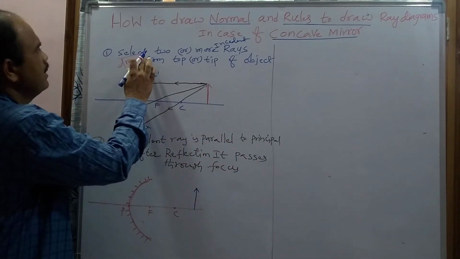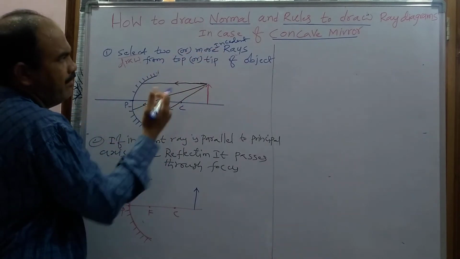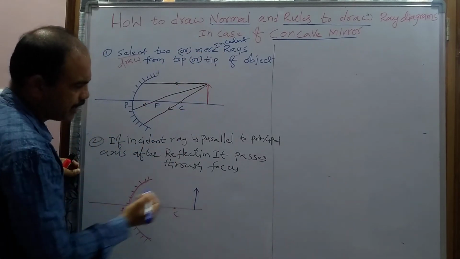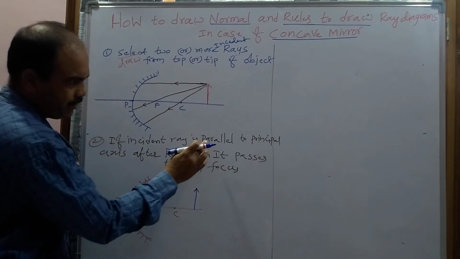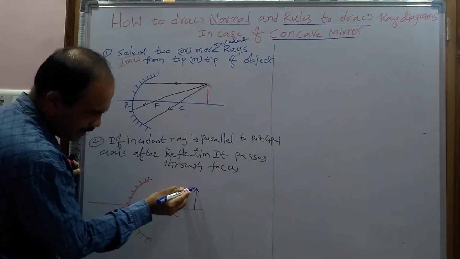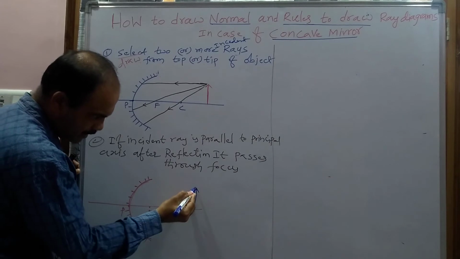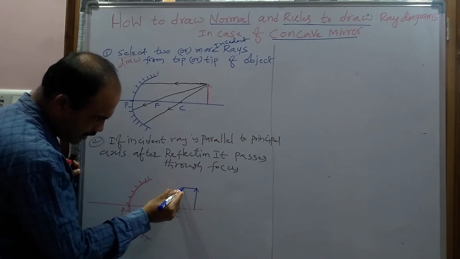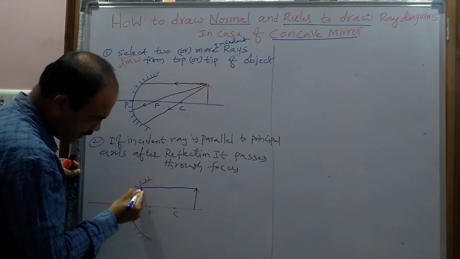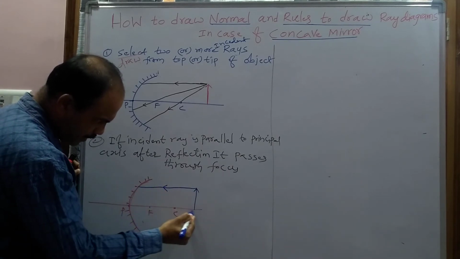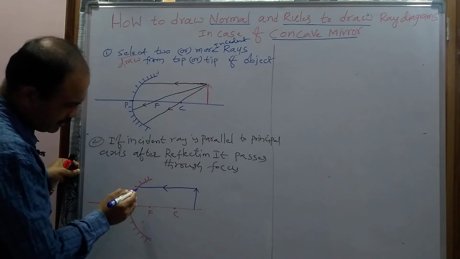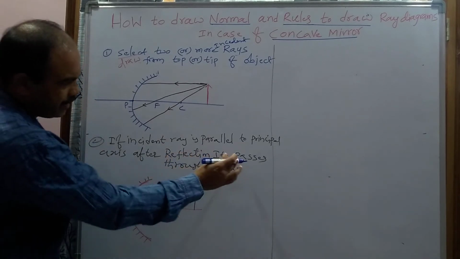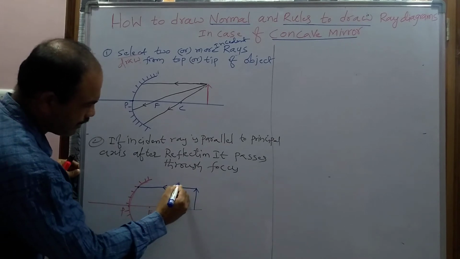What is the first rule? Select the incident ray from the top or tip. This is our top or tip. From this I am selecting a ray that is parallel to principal axis. I am selecting the ray from the top of the object. The ray must be parallel to principal axis. Now I am drawing an incident ray that is parallel to principal axis. After incidence at a point, what happens after reflection? It passes through focus. This is the incident ray.